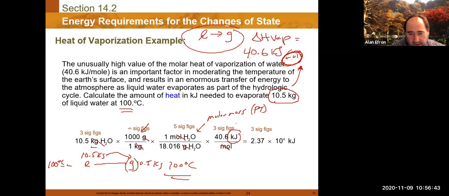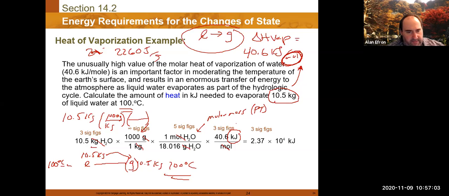Just before we go off of this one, if you wanted to, you could have used that other number that I showed you as well, which is that 2260 joules per gram. So you could have converted your 10.5 kilograms into grams and then multiplied it by 2260 joules per gram. And you should pretty much get the same answer there, hopefully.